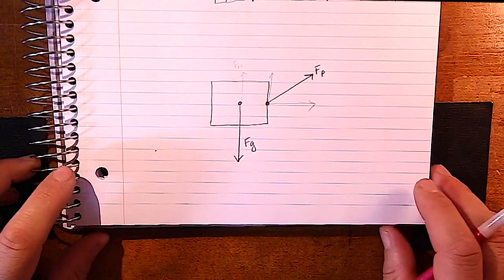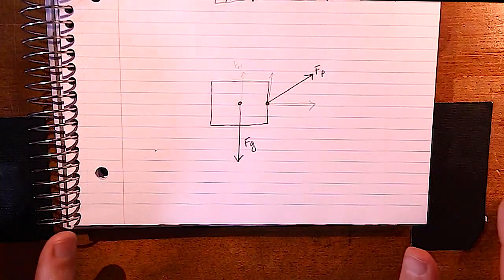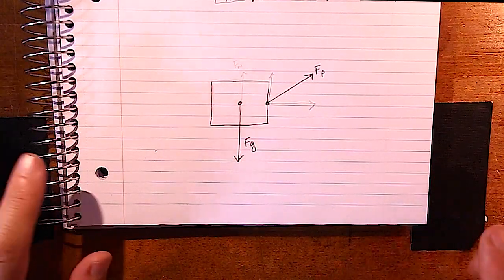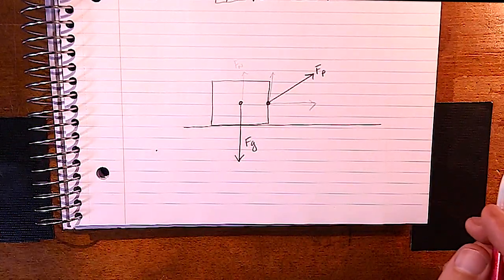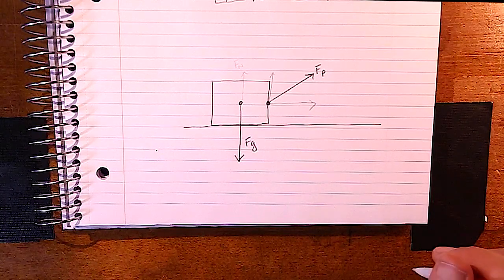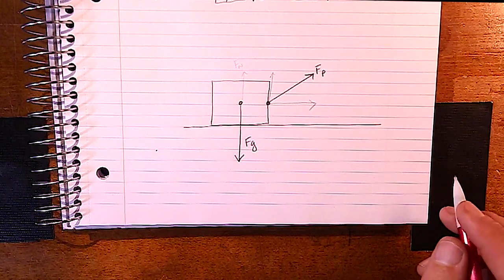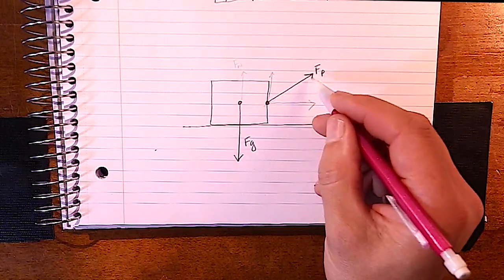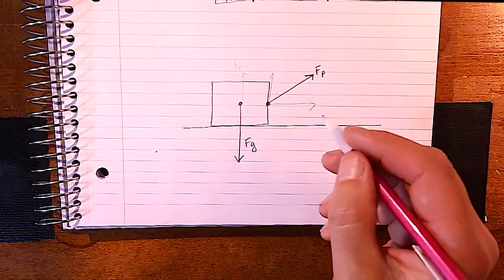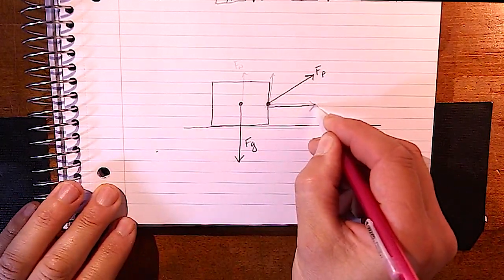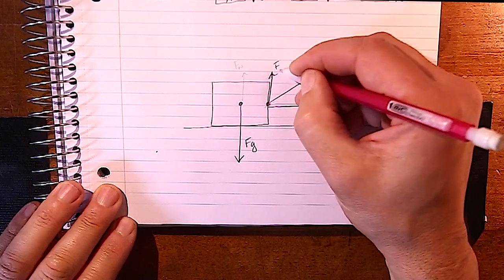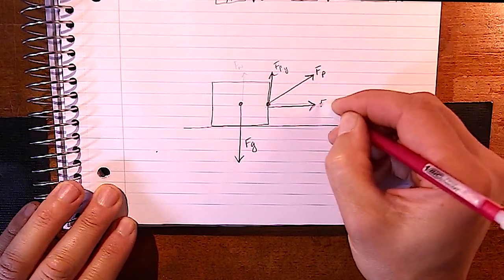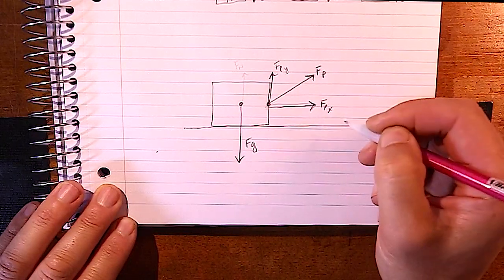Let's look at this situation. We talked about this a little bit earlier. This is a block being dragged across a flat surface here. And this is fairly complicated. The force of pull that is dragging the block can be broken up into two different forces. We can call this Fpy and Fpx.